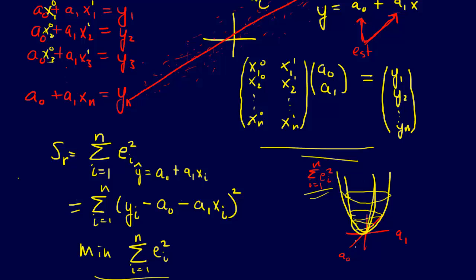Depending on what our a naught and a1 are, with certain values we're going to increase our error. As we move a1 and a naught to the right values, when we get just the right values, we're going to minimize the error. That's going to be the point that lies right down at the bottom of this bowl.